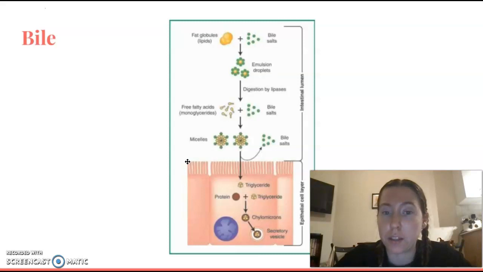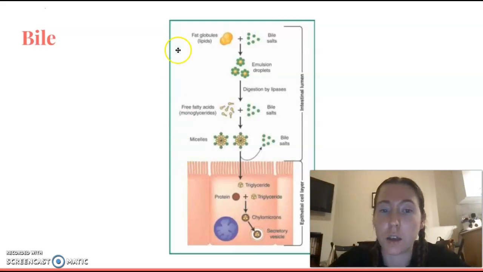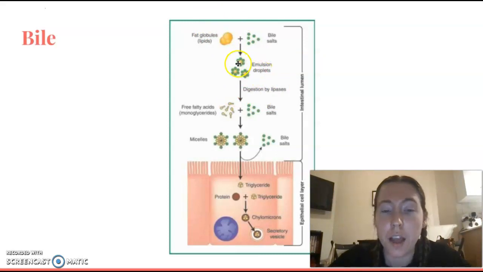This is where the bile salts come in. Bile salts are polar, kind of like the phospholipids in a cell membrane. They have a hydrophobic and a hydrophilic end, so they will surround little droplets. So they'll take the big droplets and turn them into little droplets called emulsions, which then allow the lipids to be digested by lipases.